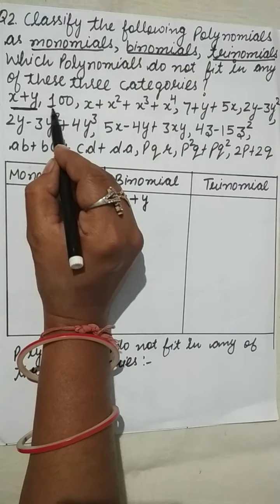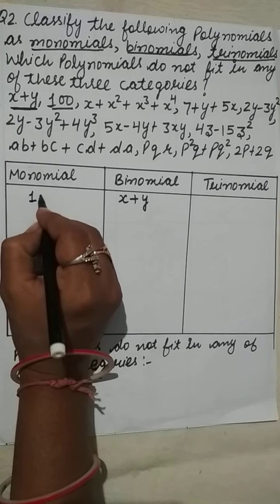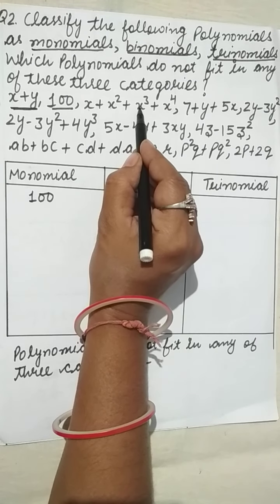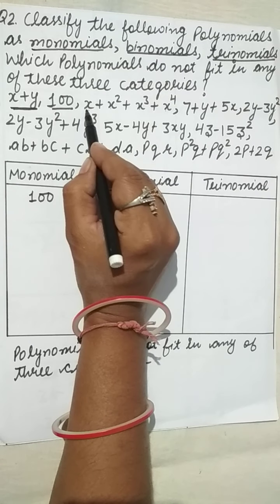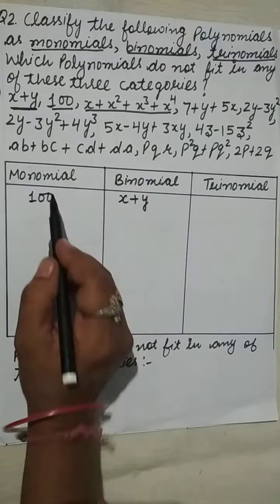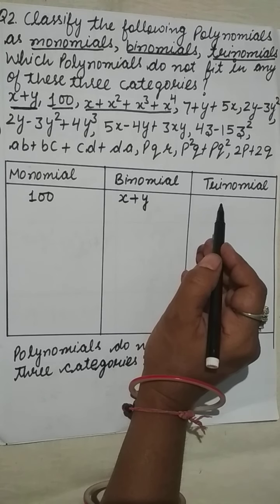Next one is 100. It is having one term, so it is a monomial. Next one is x plus x square plus x cube plus x raised to power 4. This polynomial has four terms, so it is not under these categories.